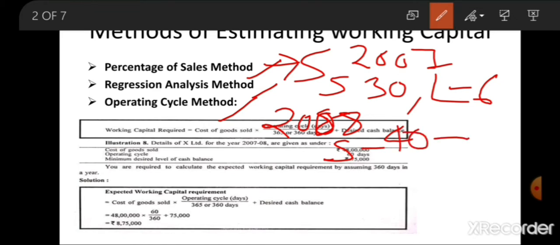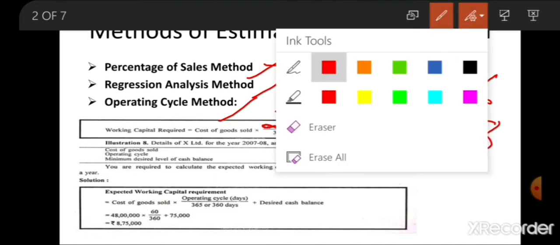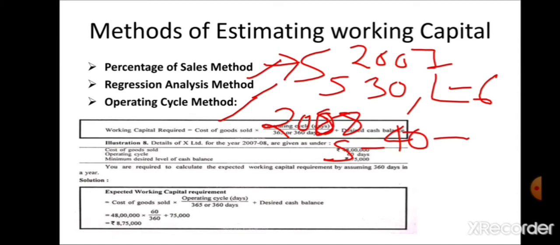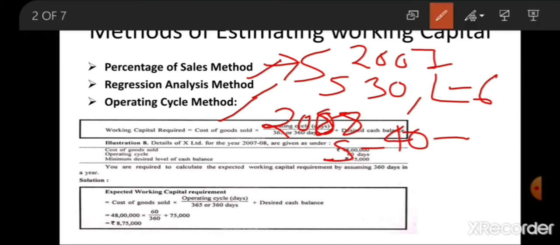What is the working capital requirement? That is about 8 lakh, right?